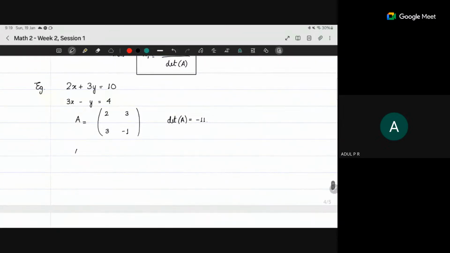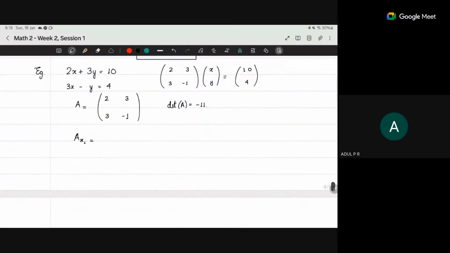Now, what is AX1? Let me write this in the standard form. This matrix is the coefficient matrix. This is the variable vector, and this is the constant vector. This is like AX equal to B. So how do I construct AX1?